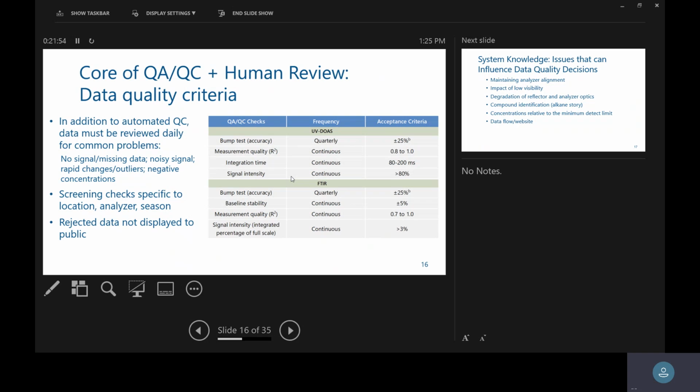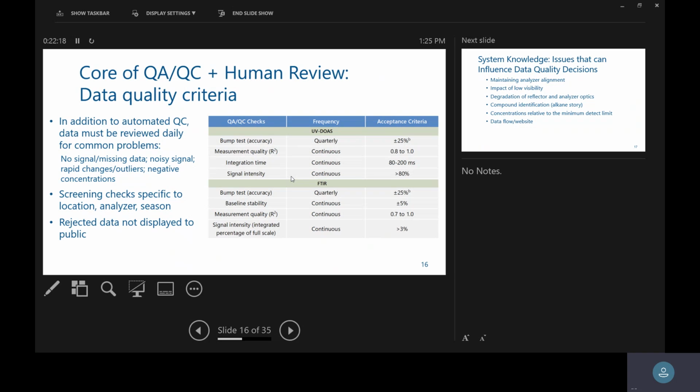So some of it is before the instrumentation is deployed. That's the bump test. You do that on a quarterly basis, and you have your assurance that the instrument is working correctly. Measurement quality: this is looking at the spectra that come through from the instrument, and I'll show some examples in a minute.